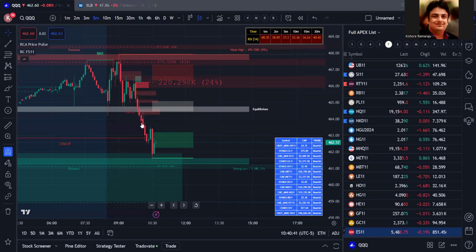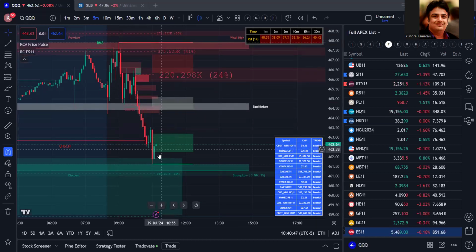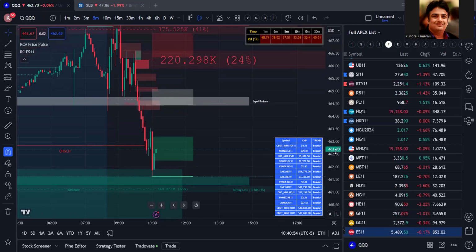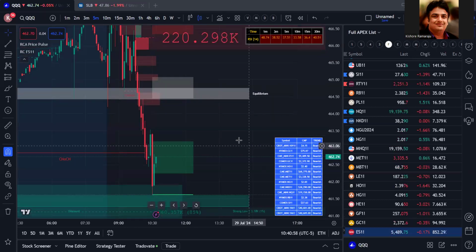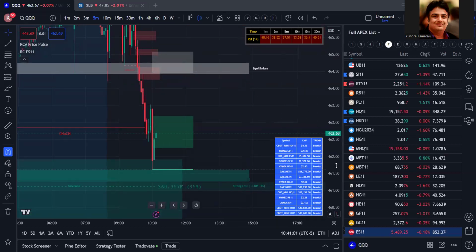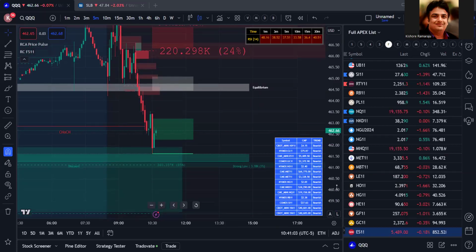So there is a high possibility for QQQ and SPY to start moving up. But if it makes a double bottom, that is a confirmed signal, and at that time we can buy the calls. Now if QQQ starts moving, then Microsoft will start moving.